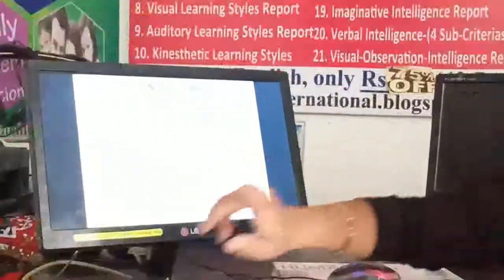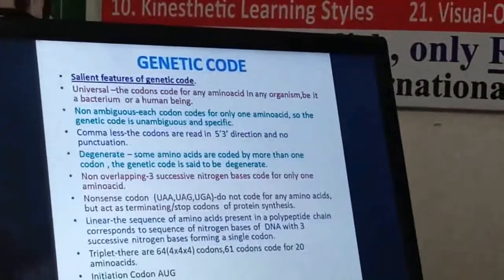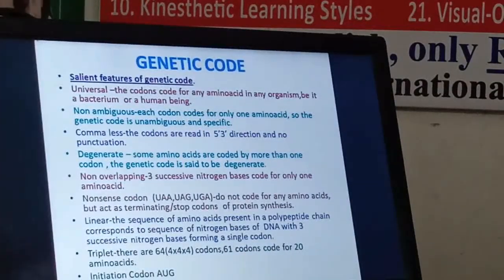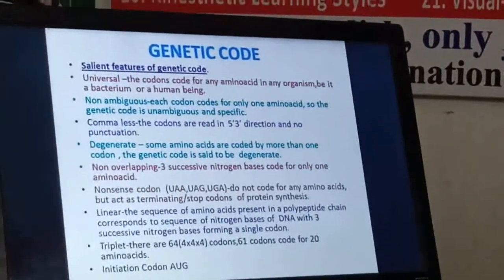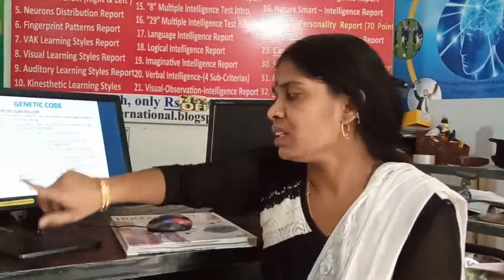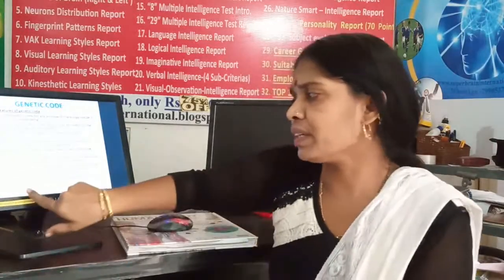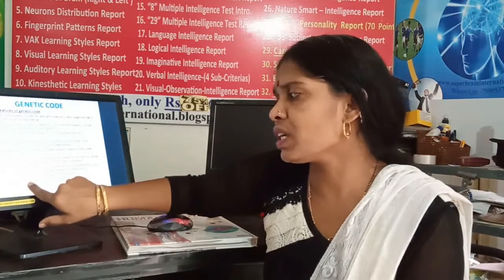The sequence of amino acids present in a polypeptide chain corresponds to the sequence of nitrogen bases of DNA, with 3 successive nitrogen bases forming a single codon. This means linear. As Gamow said, the codon is a triplet, meaning 3 successive nitrogen bases form a particular triplet, and there are 64 combinations of codons.